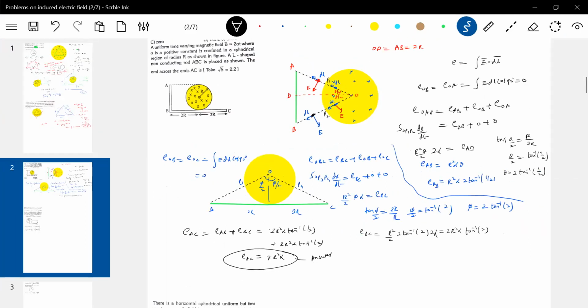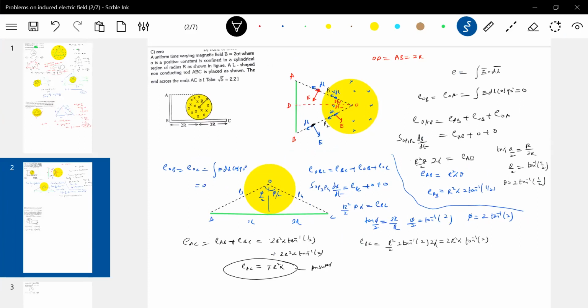Okay, slowly see, the main intention is how to get that potential EMF induced across the rods which are there. Sir, so you said that if AC is the diameter, it will be 0, no, sir?